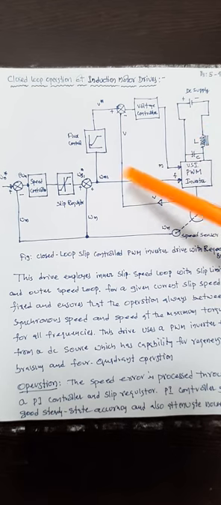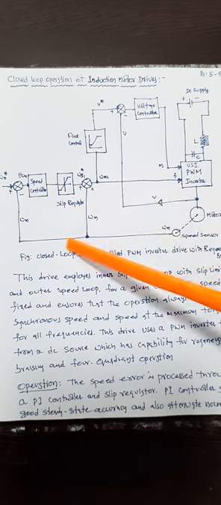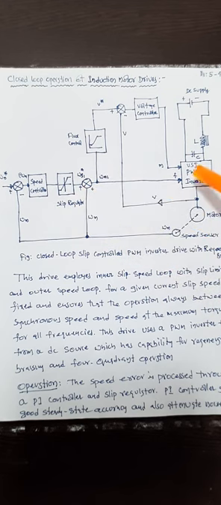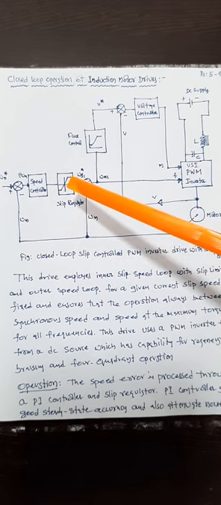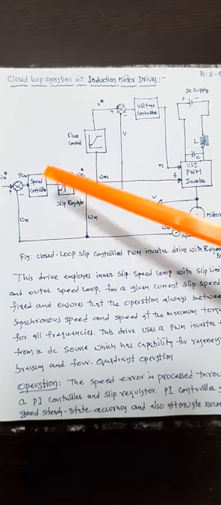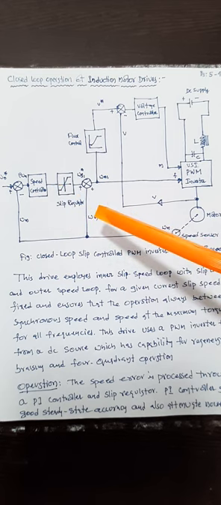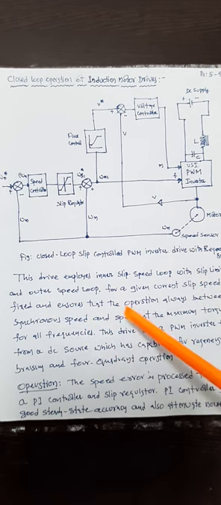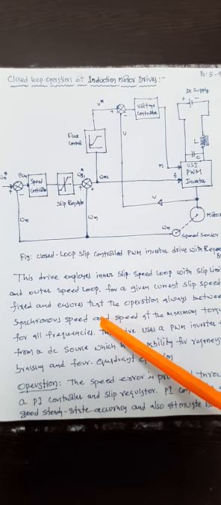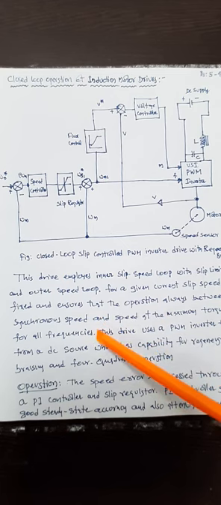This drive generally has an inner slip speed loop and an outer speed loop. The slip speed loop contains a slip limiter, and the outer speed loop is here. For a given current, the slip speed is fixed, which ensures that the operation is always between synchronous speed and the speed at maximum torque for all frequencies.